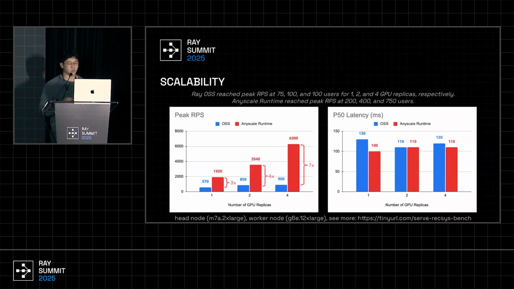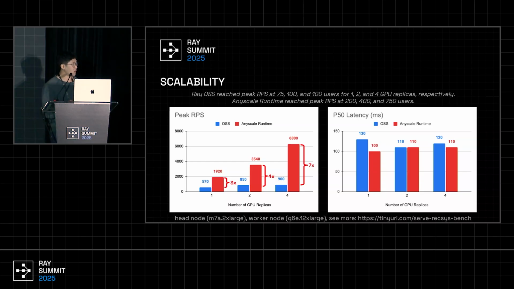However, when running the benchmark on Anyscale runtime, the results are completely different. At one GPU replica, Anyscale runtime is able to serve 3 times the amount of throughput compared to Ray open source. And at 4 GPU replicas, Anyscale runtime is serving 6,300 requests per second of a recommendation system application, which is 7 times over that of open source.